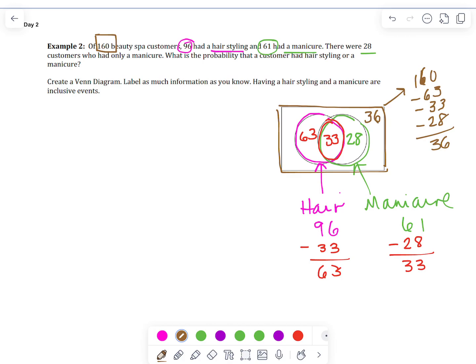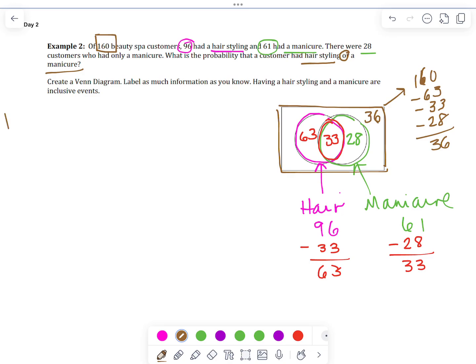All right, let's go ahead and answer the question now. It says, what is the probability that a customer had a hair styled or a manicure?